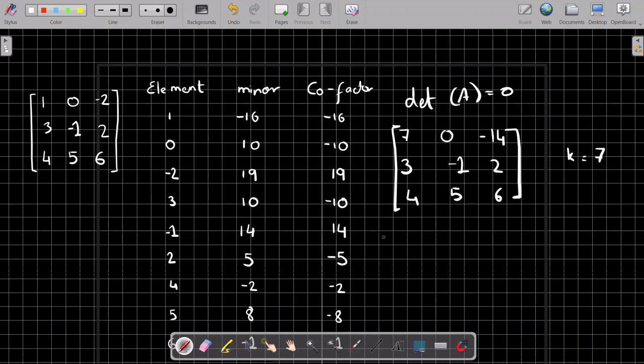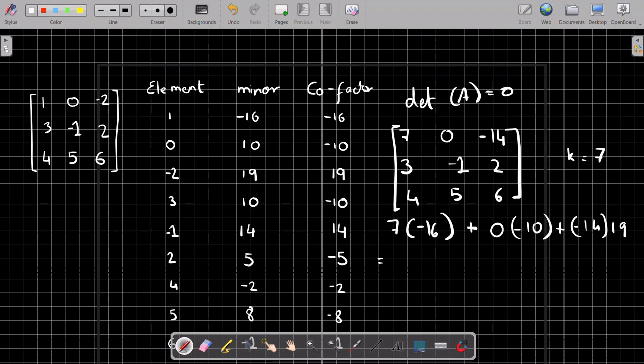So now if we take the determinant of this, because we have only modified the first row, the cofactors of this row are not affected, so it becomes 7 times minus 16 plus 0 times minus 10 plus minus 14 times 19.